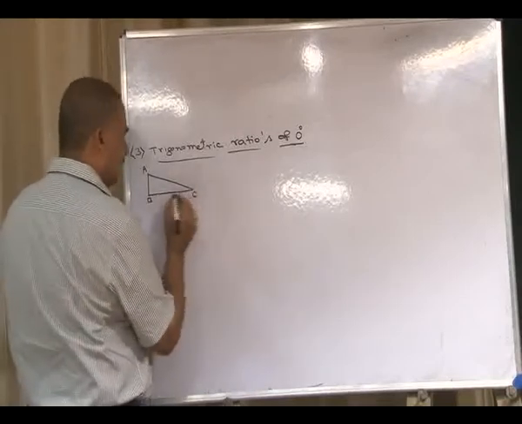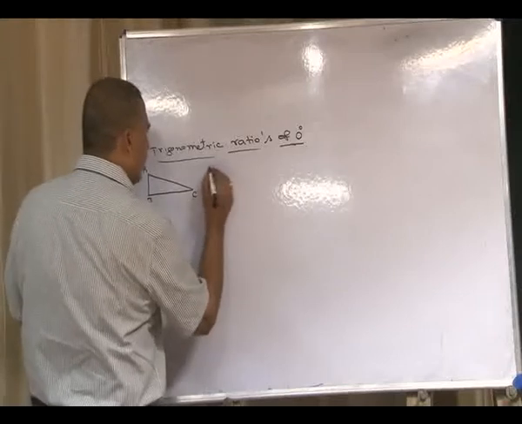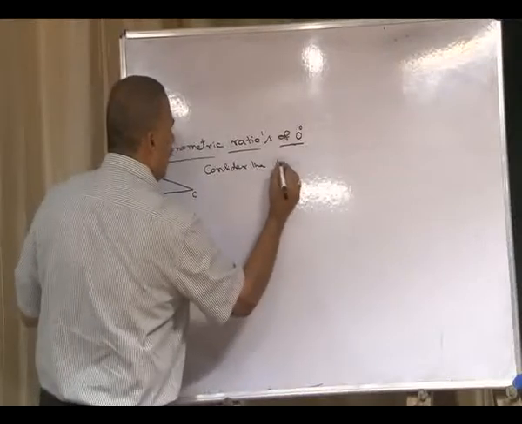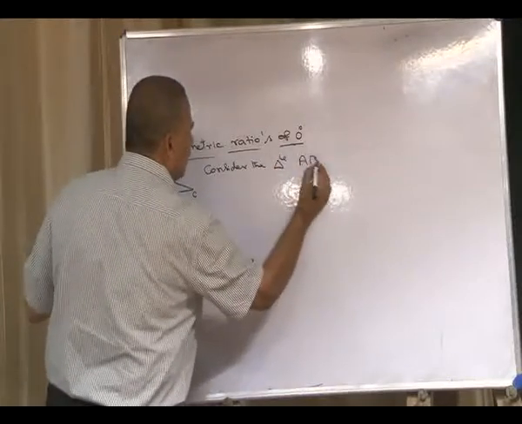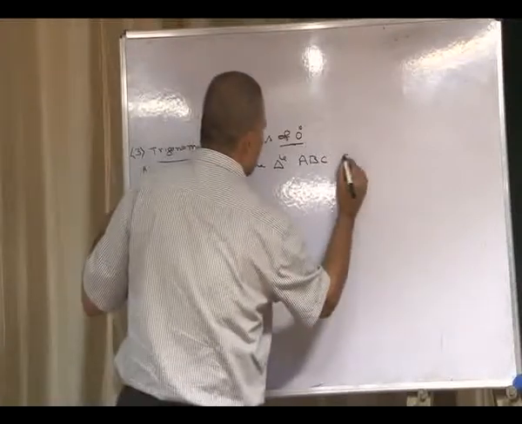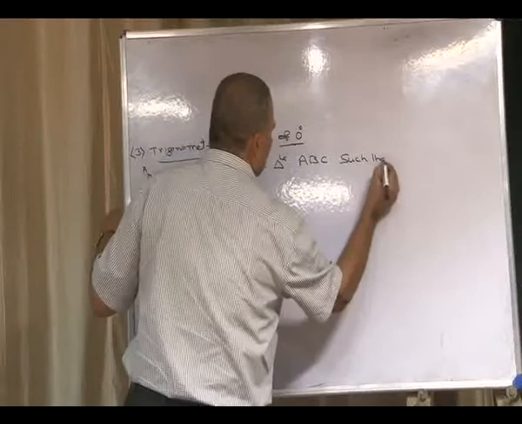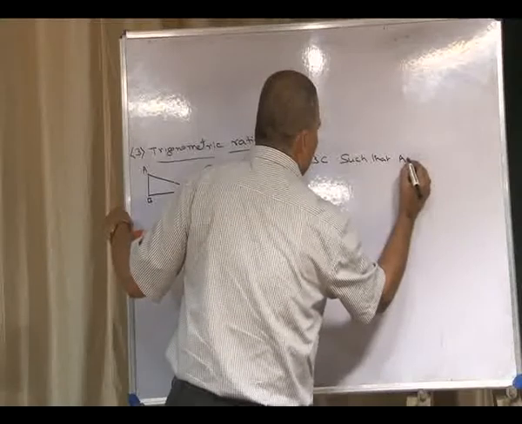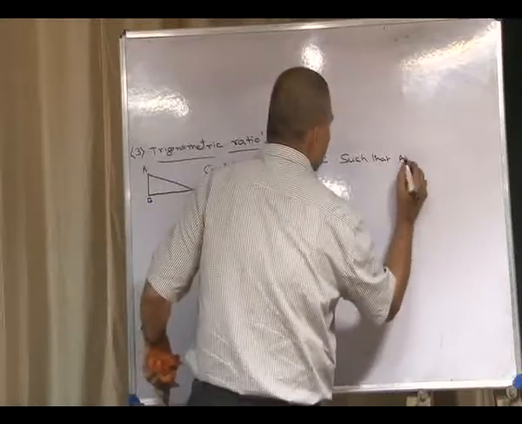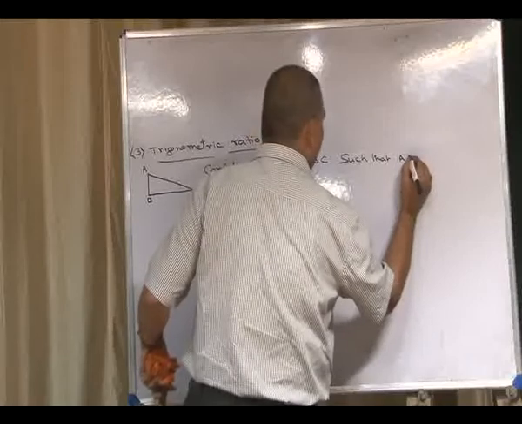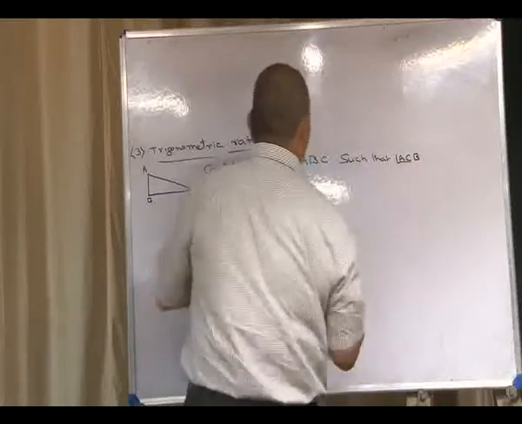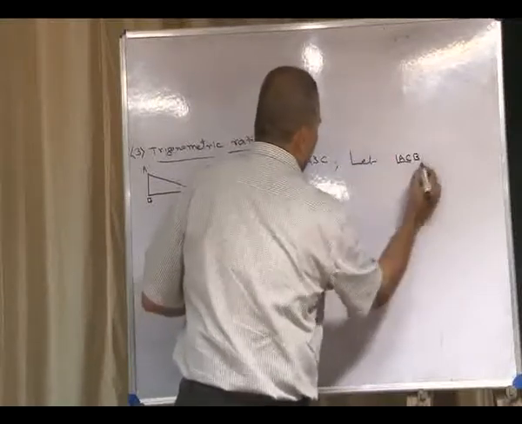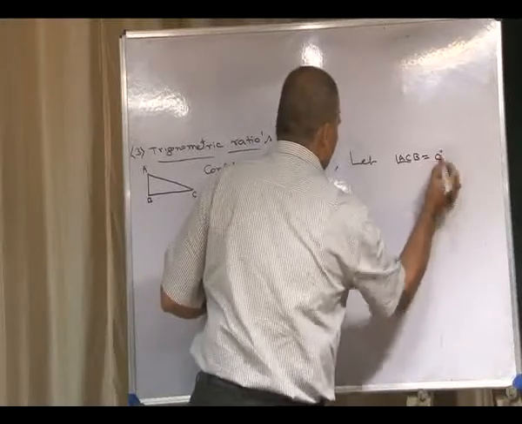Consider the triangle ABC such that angle ACB is equal to 0 degrees.